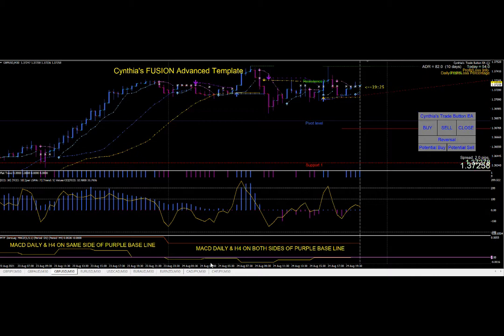So that should tell you ahead of time that that's not going to be a day that you want to be trading this particular pair. And that's true for any of the currency pairs, but more especially true for the trading pairs that have a high ADR, which is an average daily range. And the pound US dollar, which we're looking at, has an average daily range of 82 pips spread out over 10 days.